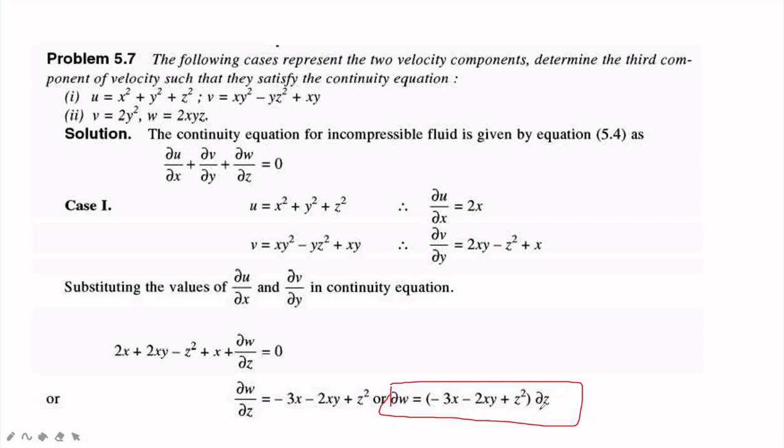What is asked in the question? We have to find w. It is in the form of differentiation, and we want w, so we have to integrate.